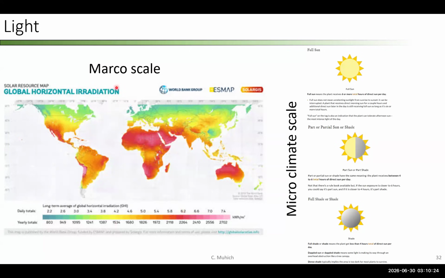So how much light in general is coming down on Phoenix, which is going to look very different than if you were in England. But then also we have to think about things on the micro scale. So this can be in your garden or in a farmer's field.